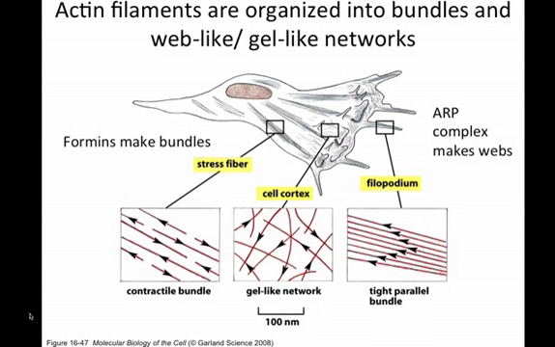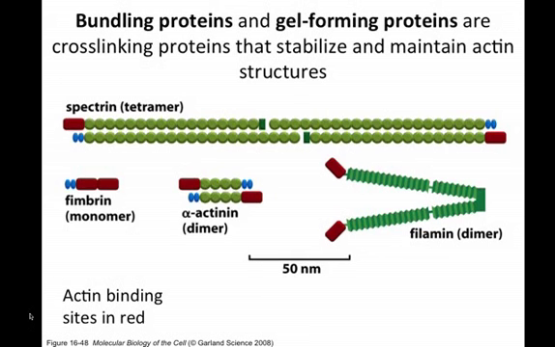Okay, so this all comes together with these cross-linking proteins that are going to organize your actin polymers into whatever structures are needed for the purpose. You've got these bundling proteins and gel-forming proteins that stabilize and maintain actin structures. This is just some examples.